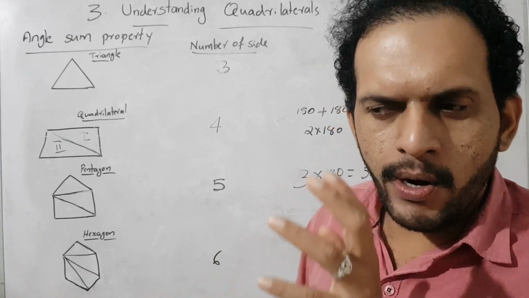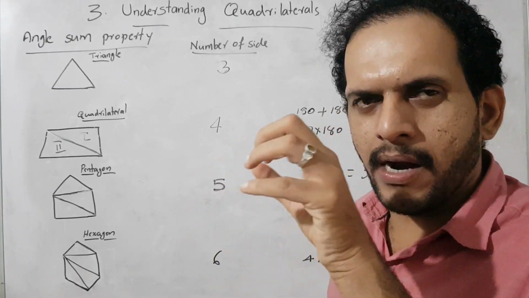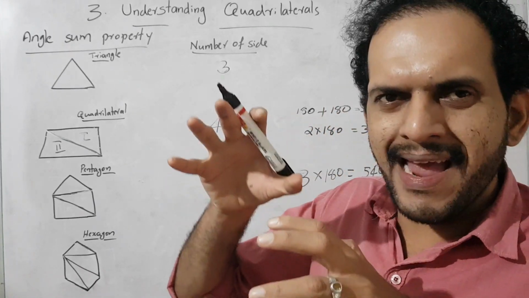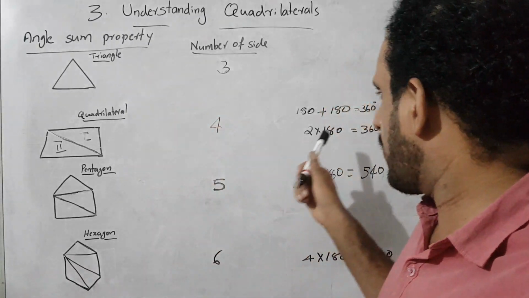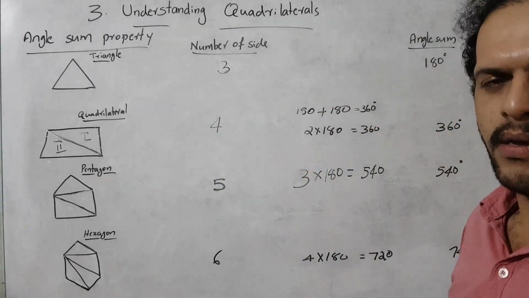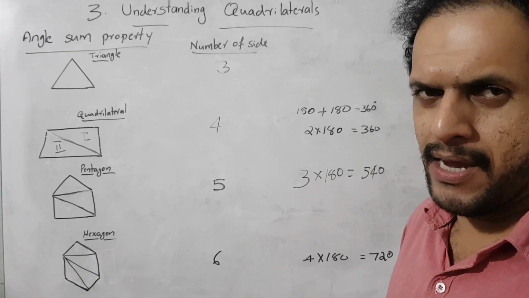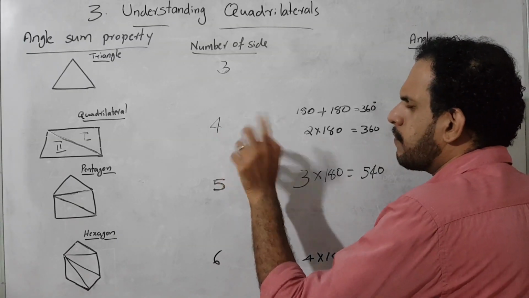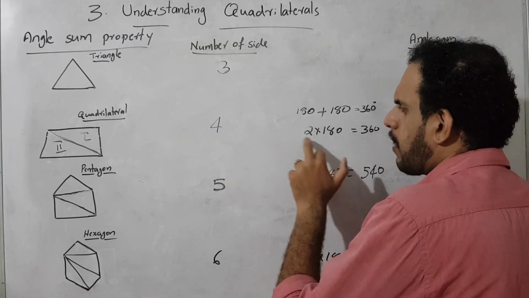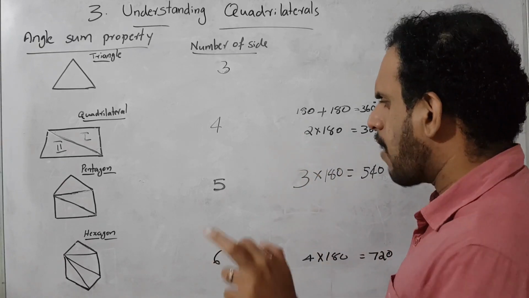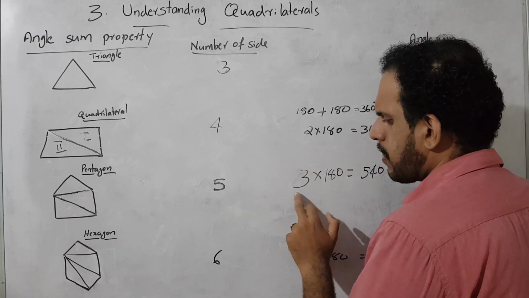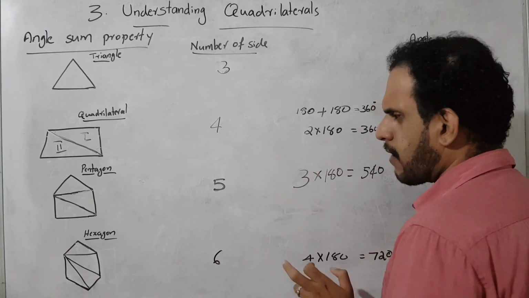Correct? 180 degrees. ഒരു പോളിഗണിന്റെ ആംഗിൾ സം കണ്ടുപിടിക്കാൻ വേണ്ടി നമ്മൾ ഏതിനെയാണ് മൾട്ടിപ്ലൈ ചെയ്യേണ്ടത്? 180 ഡിഗ്രിയാണ് മൾട്ടിപ്ലൈ ചെയ്യേണ്ടത്. Okay, why multiply? You have a relation between 4 and 2, between 5 and 3, between 6 and 4.